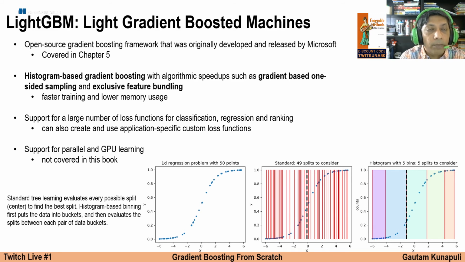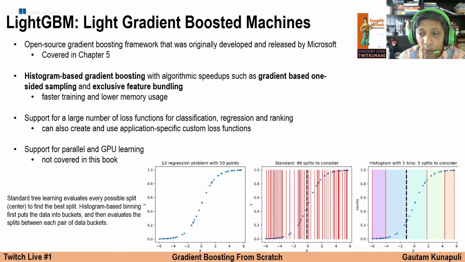But for more practical applications, if you do a search, you'll see that there are a lot of tools that are available out there for gradient boosting. There's LightGBM, which we're going to talk about here. There's XGBoost, which you've undoubtedly heard of, which we'll talk about on the next slide. And there are several others.